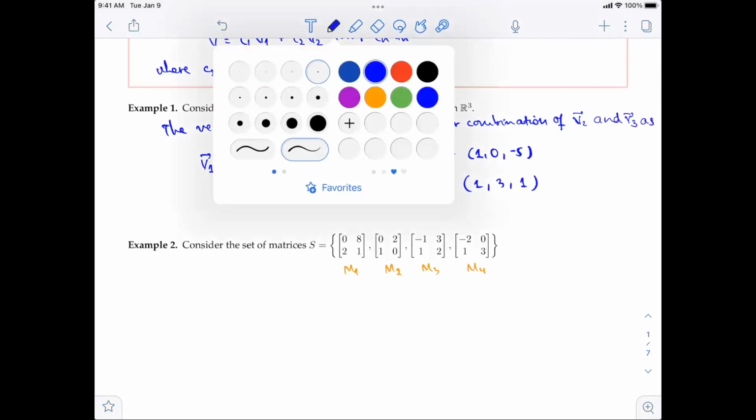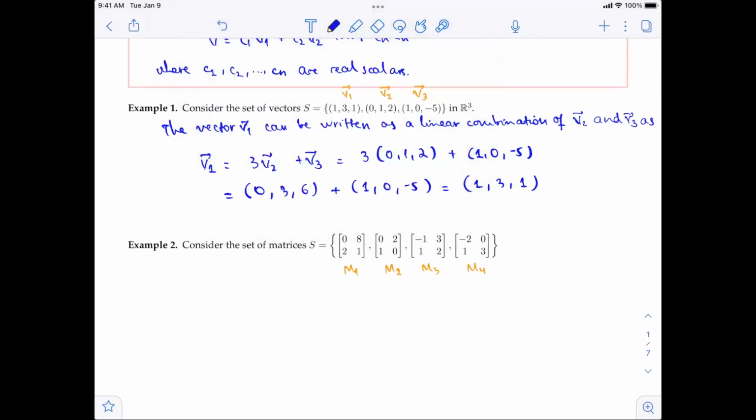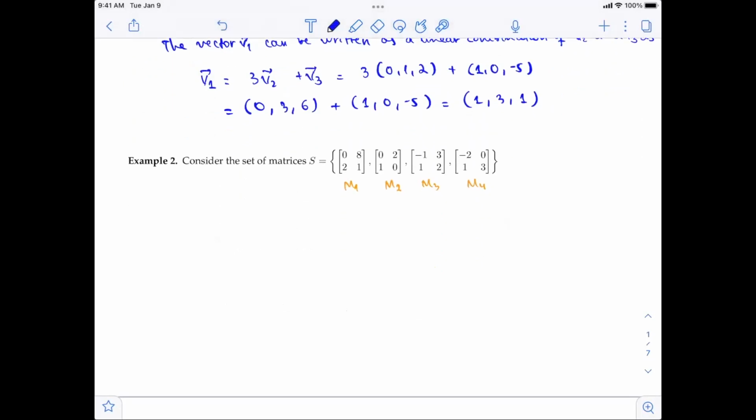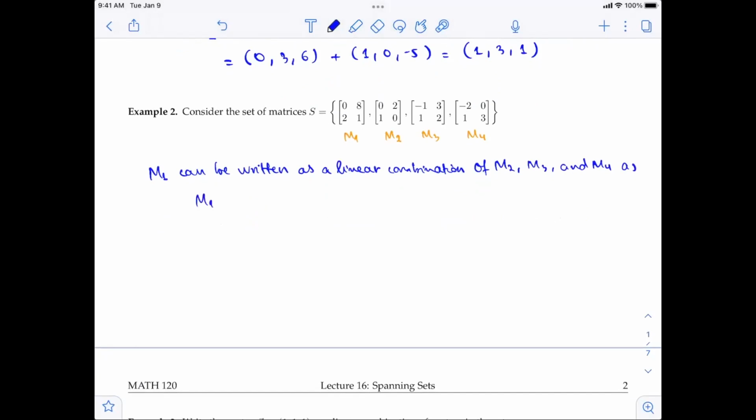In this particular example, I say that M1 can be written as a linear combination of M2, M3, and M4 as M1 is equal to M2 plus 2M3 minus M4.